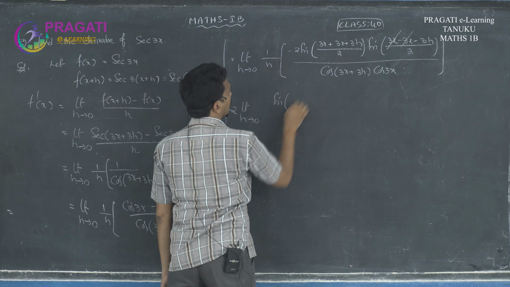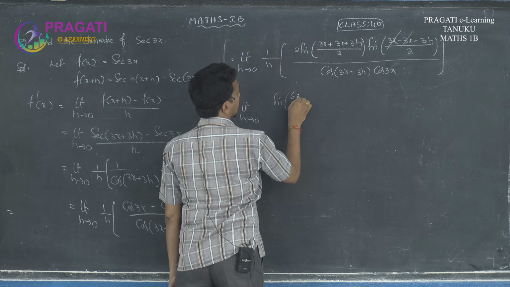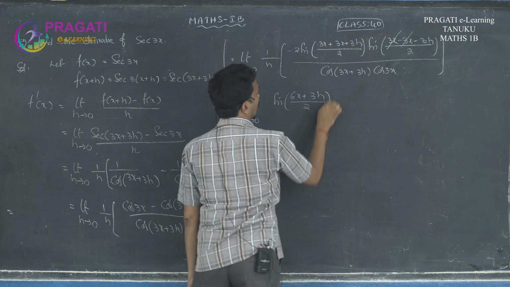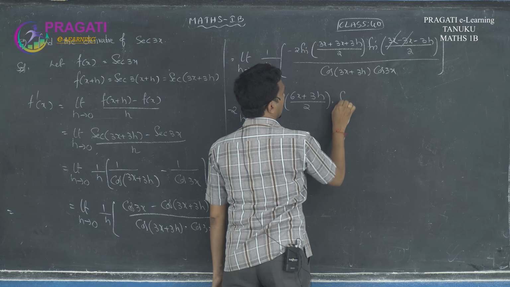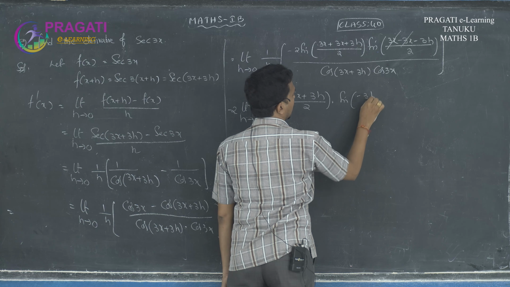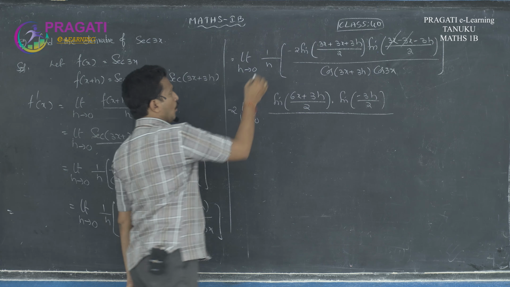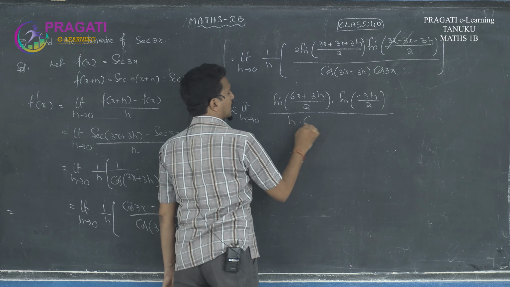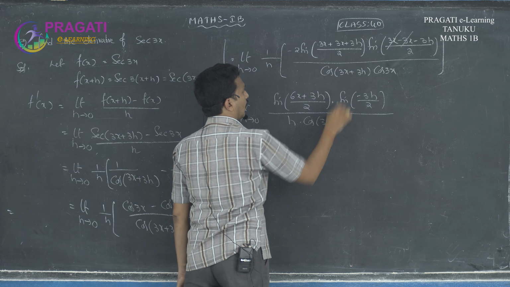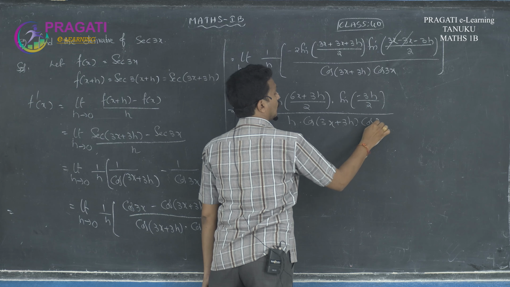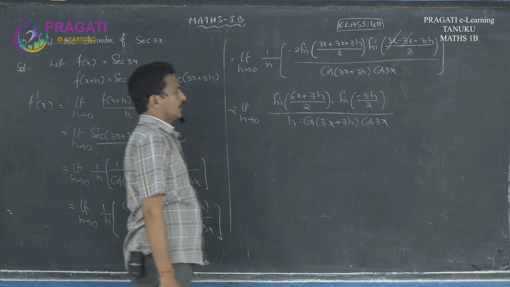Sin of 6x plus 3h by 2 into sin of minus 3h by 2, and the total denominator is h and cos of 3x plus 3h into cos 3x.